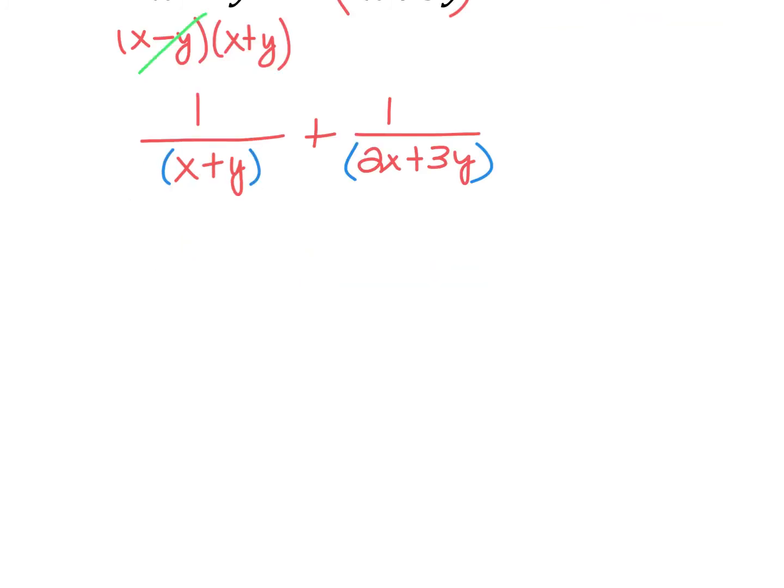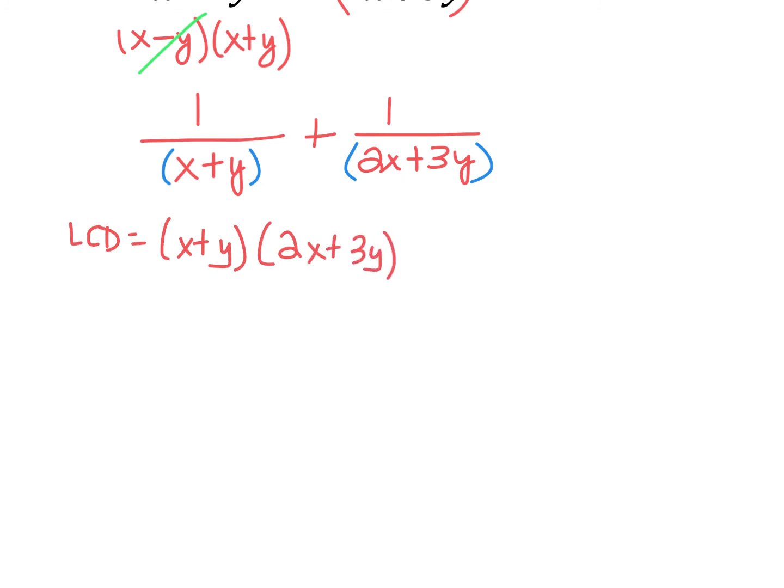All right, if I now determine my least common denominator between these two rational expressions, from the first rational expression, I will need to include an x plus y as one of my factors in my least common denominator. And from the second rational expression, I'll need to include a 2x plus 3y as a factor.